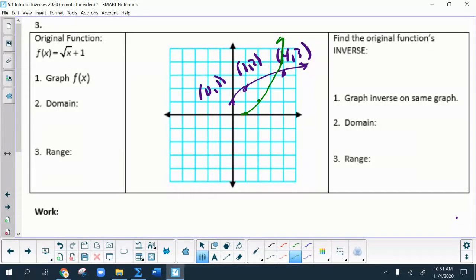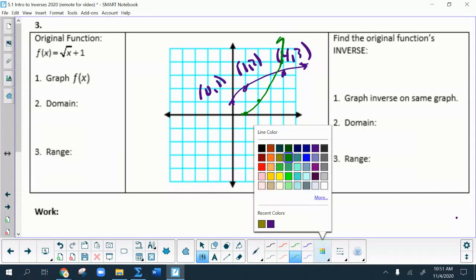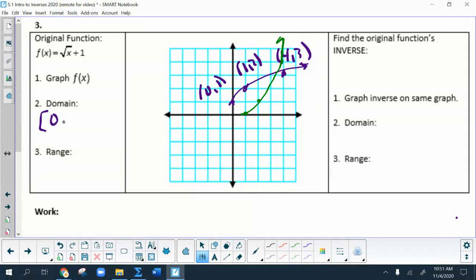Okay. My original function has a domain restriction of 0 to infinity, because I can't have negatives in the radical, which means that the range of the new function will be 0 to infinity.